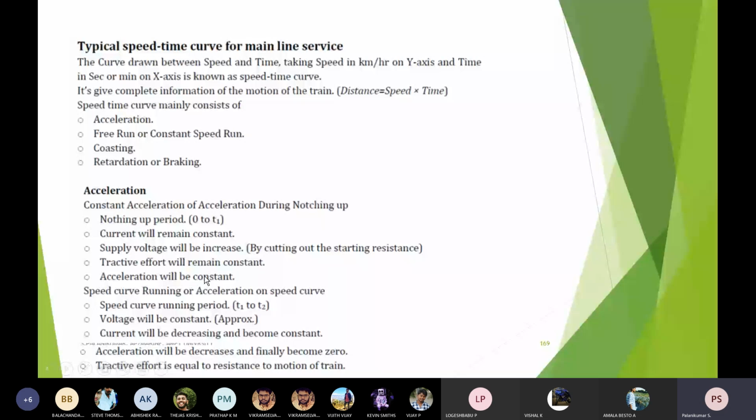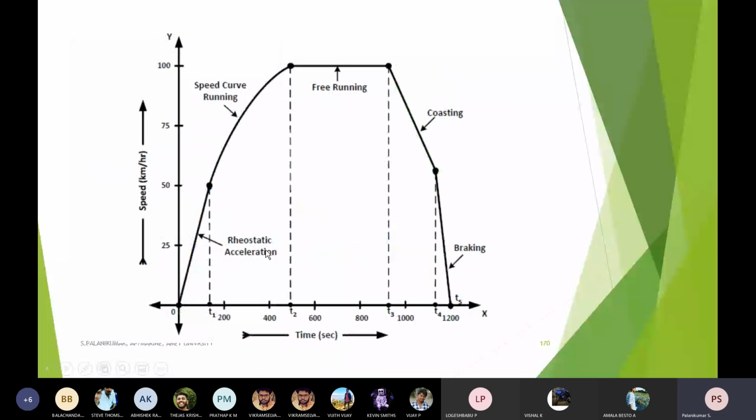It is also called rheostatic acceleration. A huge amount of power has to be generated, because it needs a very high torque to overcome, initially, the dead weight of the train. It needs a high starting torque continuously until this period T1.